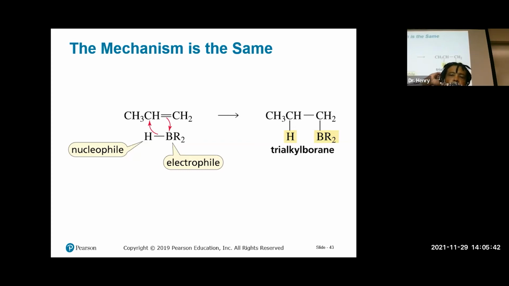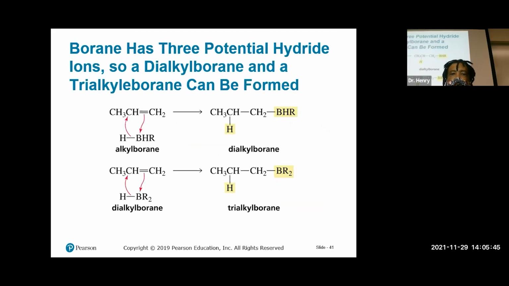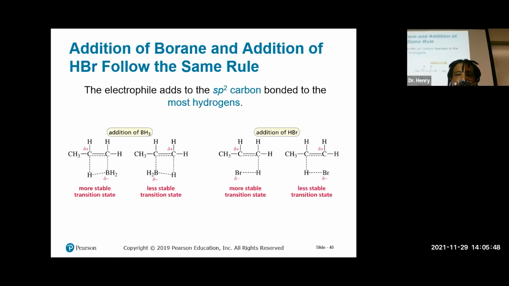Let's take this up. Here was the addition of hydrogen bromide. In this case, the double bond acts on the hydrogen, then the hydrogen transfers the electrons over to the bromine, which becomes bromide with a negative charge, while the hydrogen has a plus charge as it goes to the carbon.